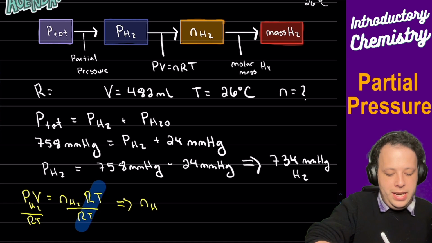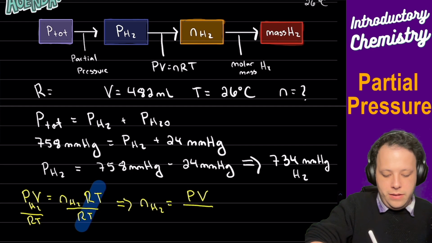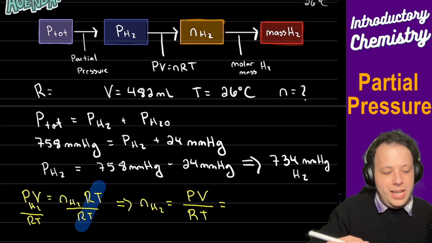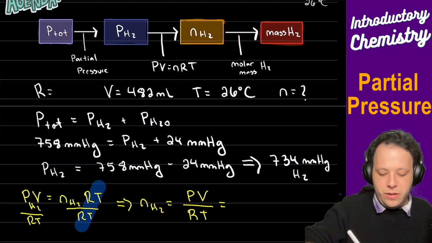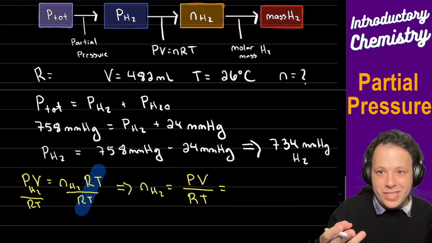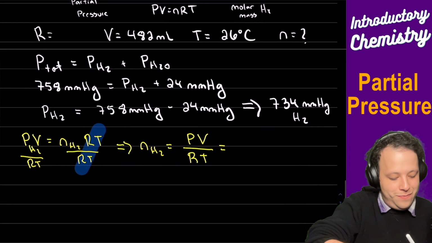So we'll have nH2 equals PV divided by RT. We'll plug in our partial pressure of hydrogen, so it'd be 734 millimeters of mercury. But the thing is, is that in the correct units? So we got to check that.